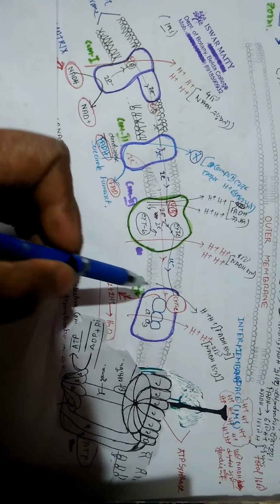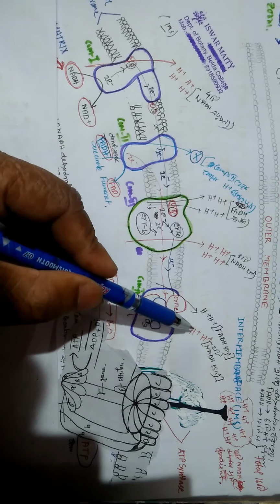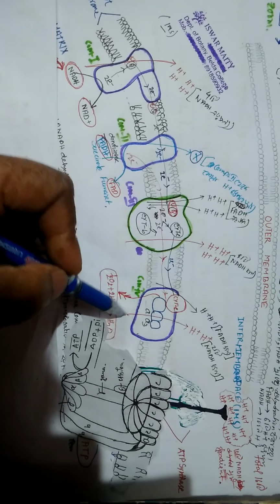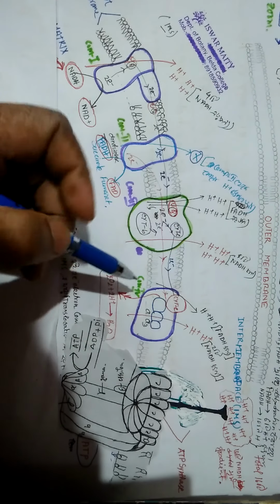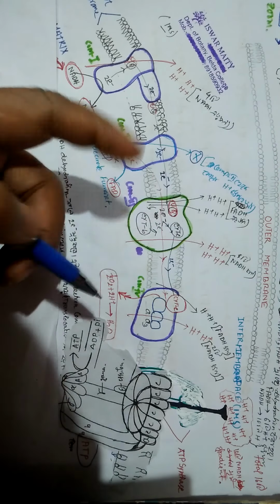And in complex number 4, 2 hydrogen ions are released from the matrix side to the IMS side, but the remaining 2 hydrogen ions bind with O2 and form H2O.